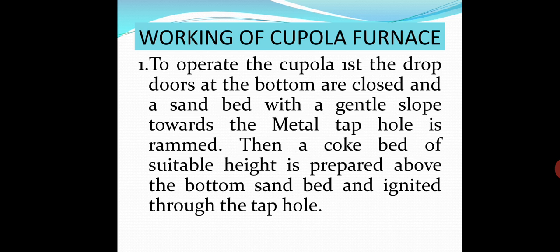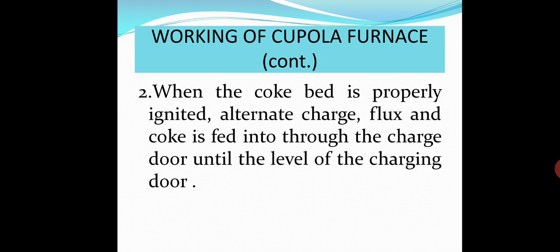Then a coke bed of suitable height is prepared above the bottom sand bed and ignited through the tap hole. When the coke bed is properly ignited, alternate charges of flux and coke are fed through the charge door.